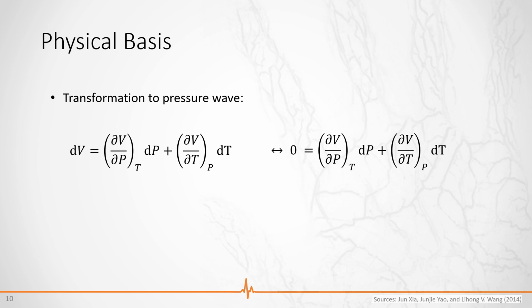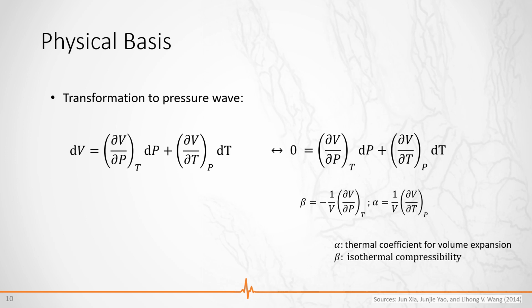If we look at the formula, we see that the change of volume with growing pressure as well as the change of volume with growing temperature are general material properties. Dividing by the volume, we get the thermal coefficient for volume expansion and the isothermal compressibility.